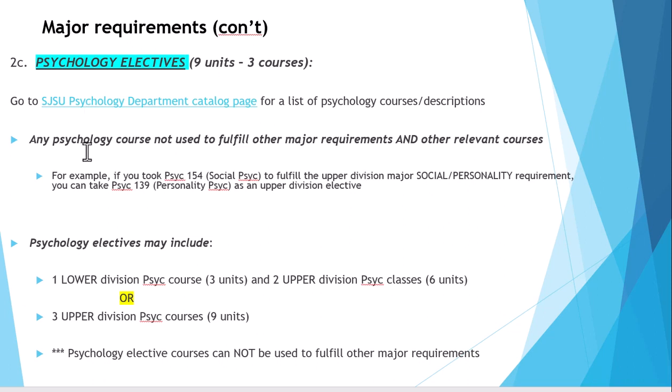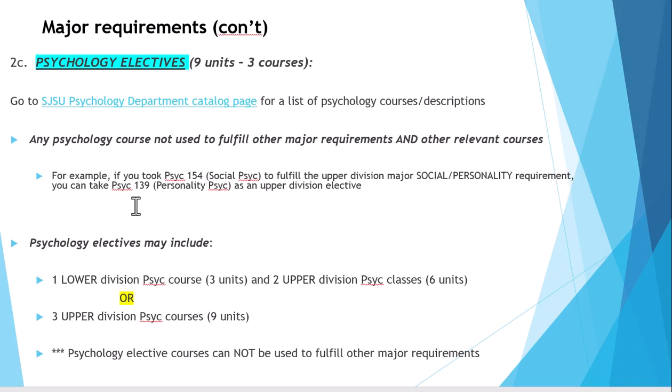Well, basically, you can think of a psychology elective as any psychology course that you have not used to fulfill other major requirements, right? And other relevant classes that I'll talk about later. Okay, so what do I mean by that? Well, here's an example. Okay, so let's say that in the social/personality bin, you decided to take social psychology 154 to fulfill that requirement.